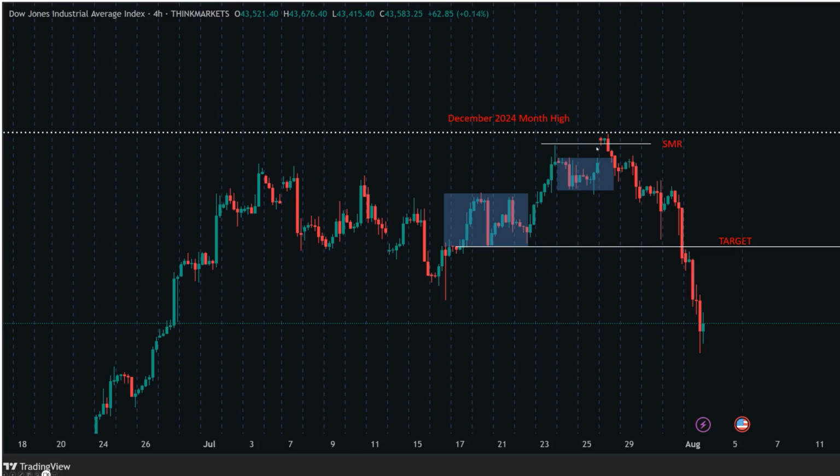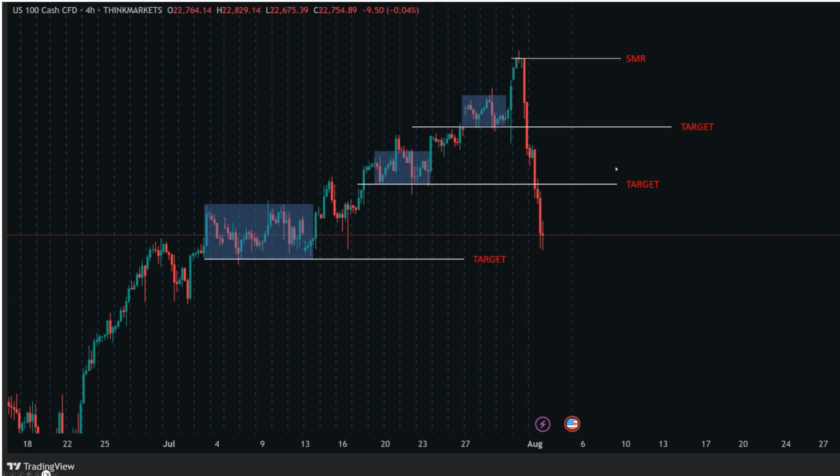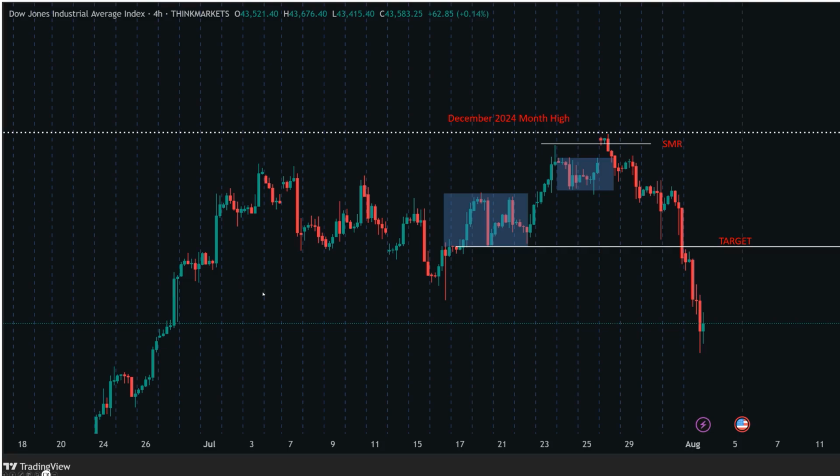Then you have this high getting swept, and then you see a sharp reversal. Just look for that sharp displacement lower, and this red candle fulfills that. And then after that, you see price going lower.